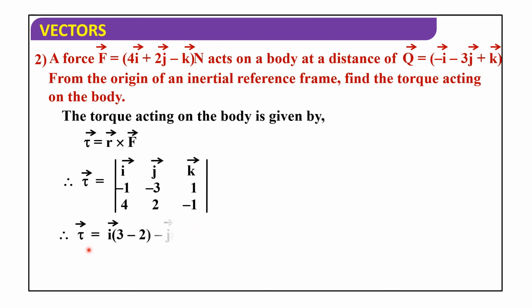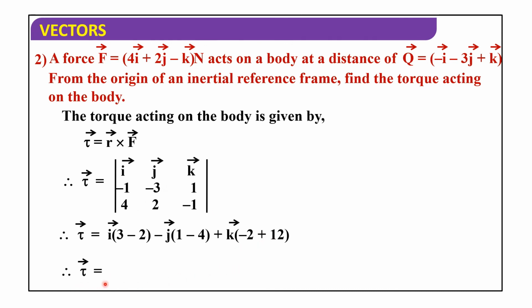Therefore, tau bar is equal to i bar of (3 minus 2, that is 3 minus minus 2, so minus 3 plus 2, minus 1) minus j bar of (minus 1 into minus 1 is plus 1, minus 4, 1 minus 4) plus k bar of (2 ones are 2, plus 2 into minus 1, minus 2, 4 minus 3 is minus 12, minus of minus plus, so minus 2 plus 12).